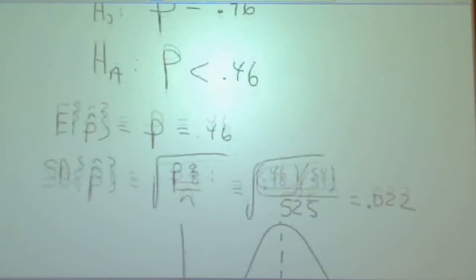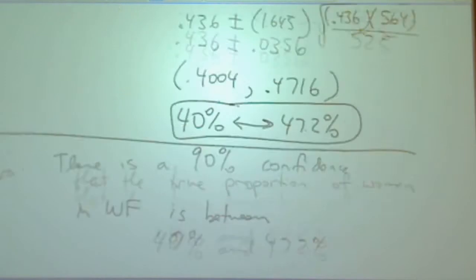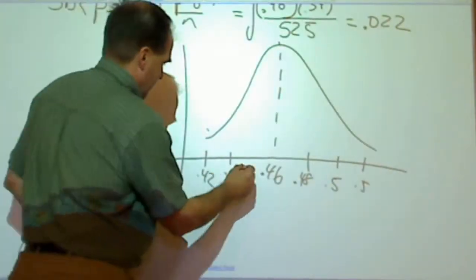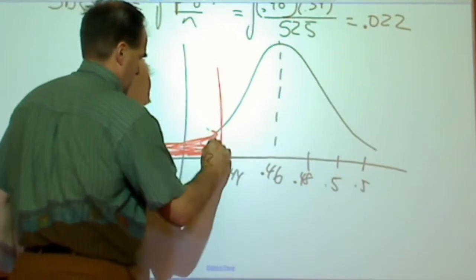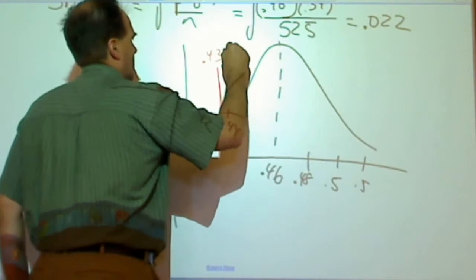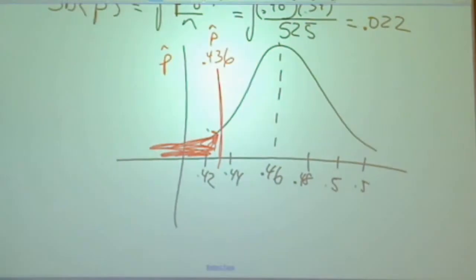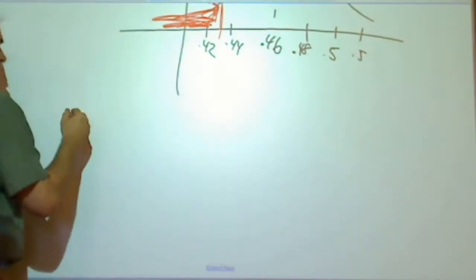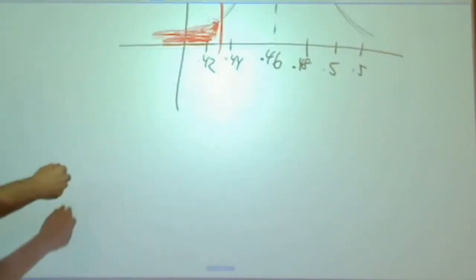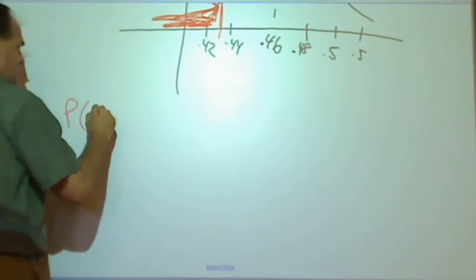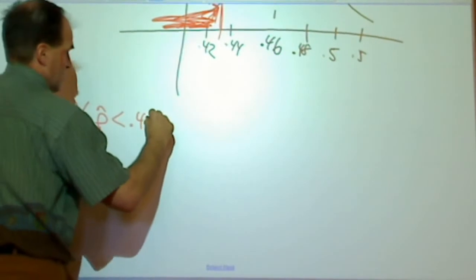The sample was 0.436. That's what I place, 0.436 down here. So if I get that percentage, the direction was looking at the alternate. What's the probability that a sample is less than 0.436?